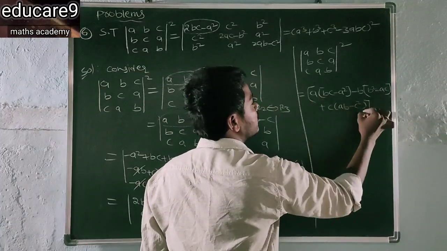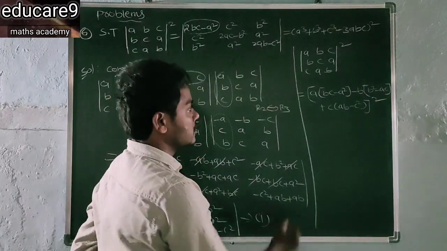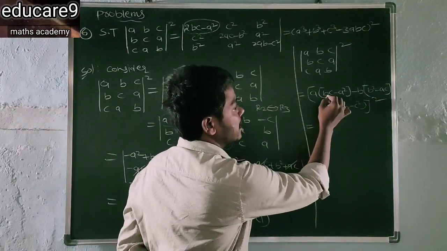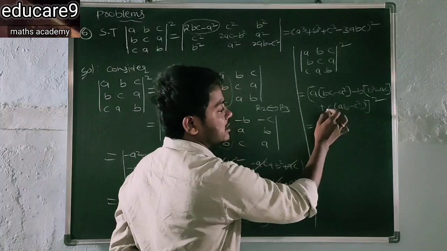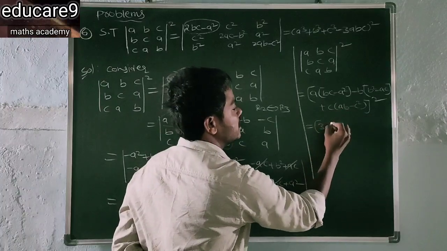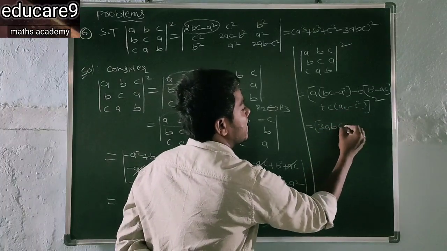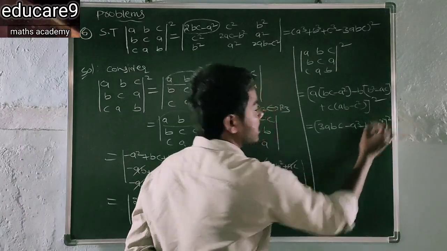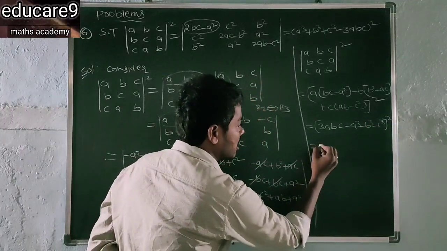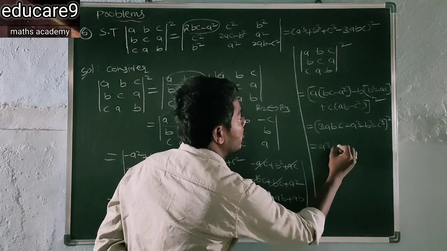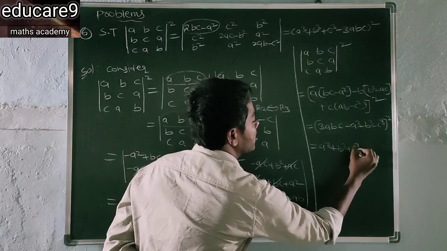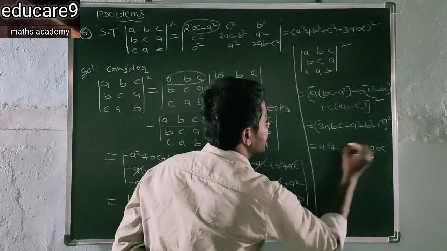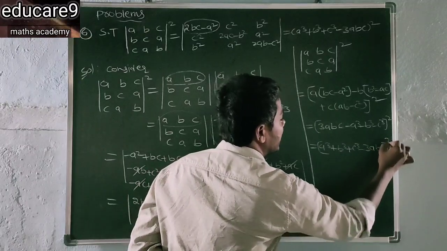So whole square. So this is ABC plus ABC plus ABC, this is 3ABC minus A cube minus B cube minus C cube whole square. So clearly this is A cube plus B cube plus C cube minus 3ABC whole square.